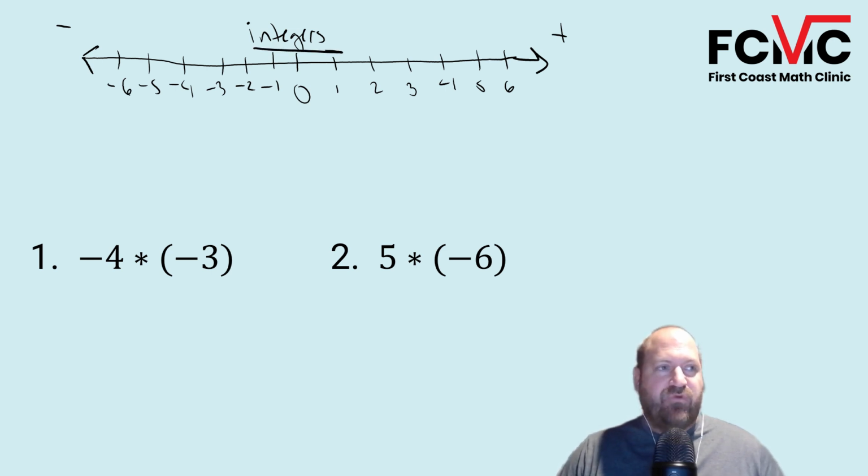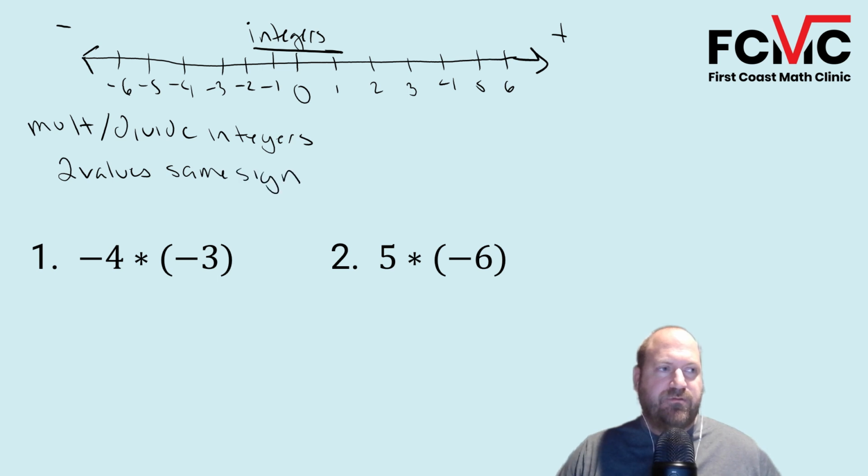So now, if we want to multiply and divide integers, our rule is if we're multiplying two numbers that are the same sign, well, we have to figure out what the sign of our answer is going to be. If we are multiplying two values of the same sign, our answer is positive.